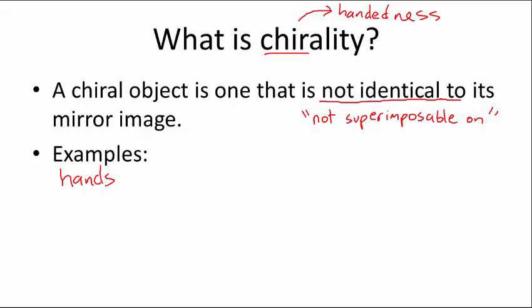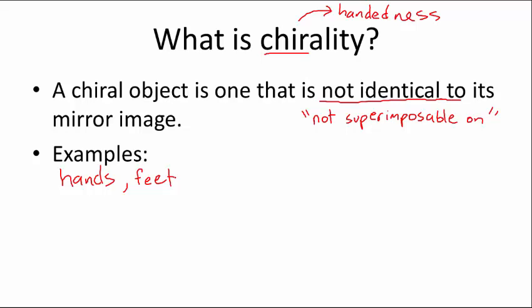Feet also. Your left foot and your right foot, they are mirror images, but they are not identical. One way to prove to yourself that they're not identical is to imagine you saw a picture of someone's left hand or right hand. Could you tell that it was a left hand or a right hand? Yeah, you can tell them apart because they're not identical.